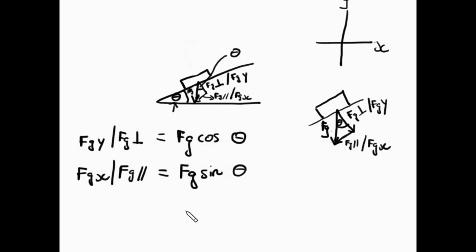So again, Fg perpendicular is equal to Fg times cos theta, and Fg parallel is equal to Fg times sine theta. In the next video, I will be looking at some exercises involving drawing force diagrams, drawing free body diagrams, as well as calculating the different components of gravity.